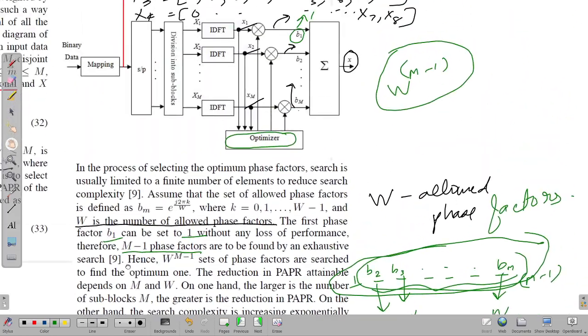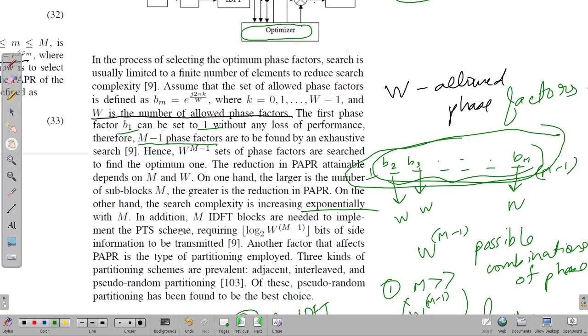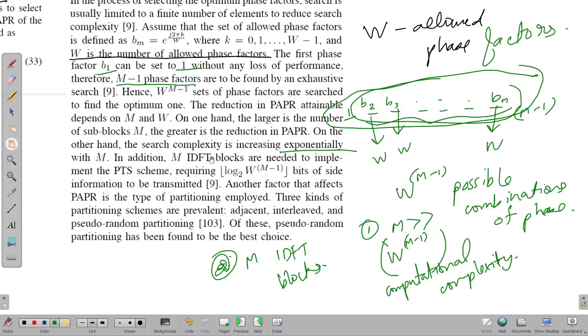Also, when you have m IDFT blocks, the receiver needs to know which combination of phase factors was used in the transmitter circuit.